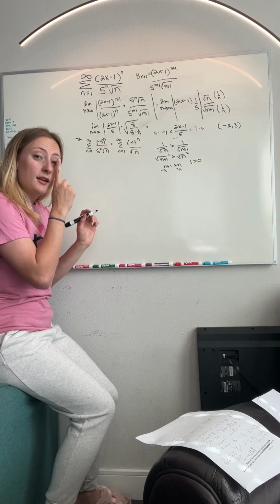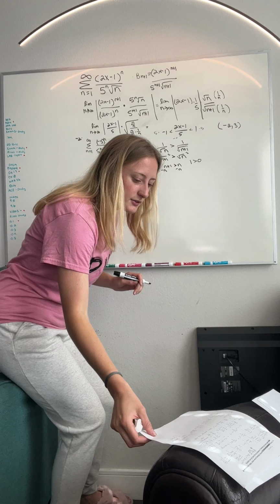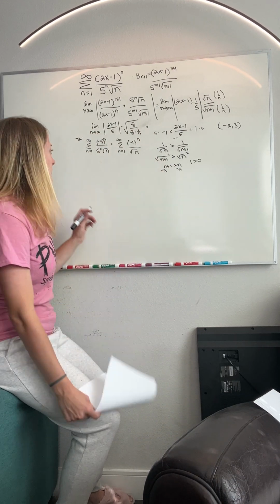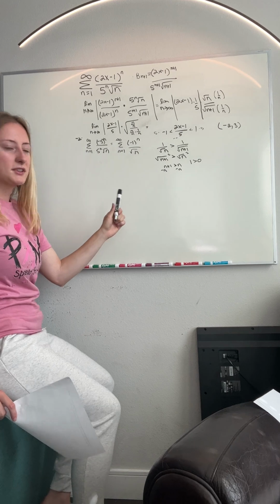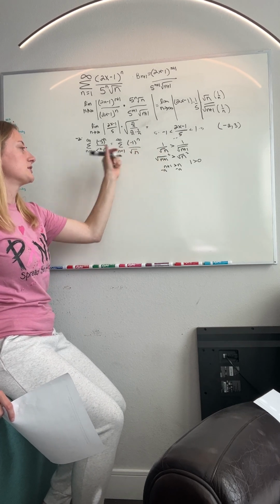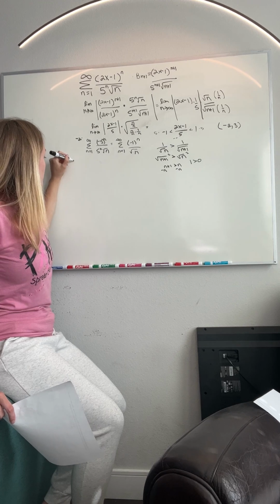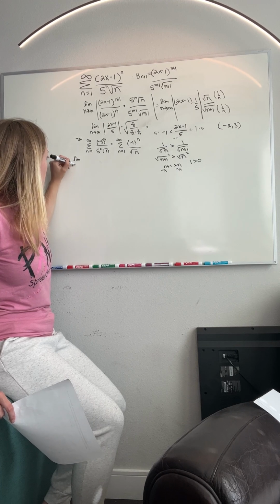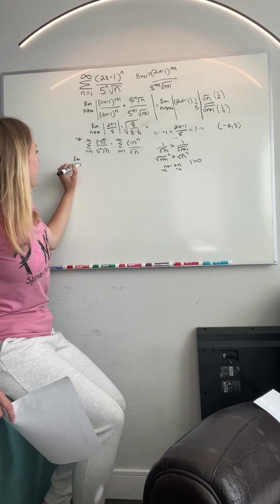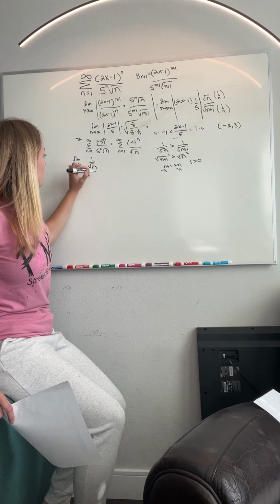So, alright, where are my notes? Yes, okay. So I'm just going to take the limit of this right here without the alternating part. So limit as n approaches infinity of 1 over root n.